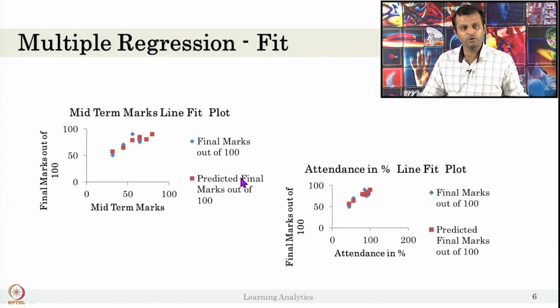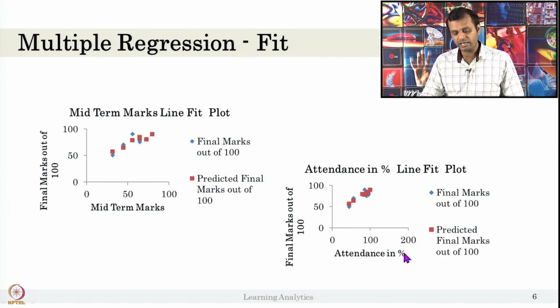So, I plotted this linear regression in an Excel sheet using the data analysis tool, and here it considers only the midterm marks to predict the final marks out of 100. This is the predicted value, this is the actual marks, and the fit is kind of okay.